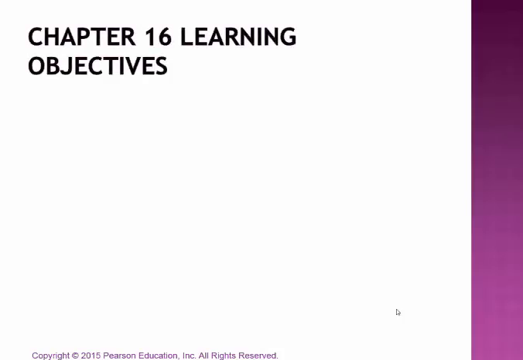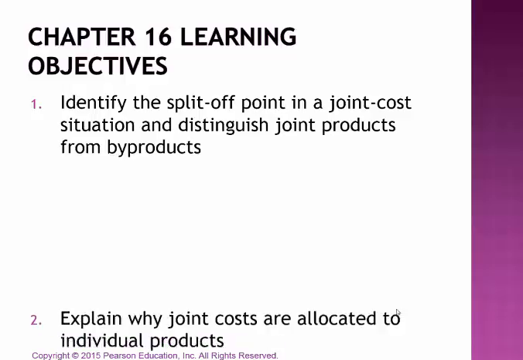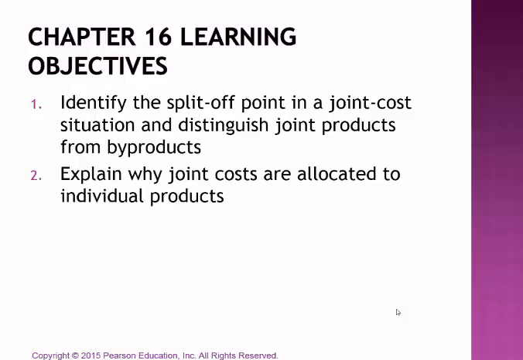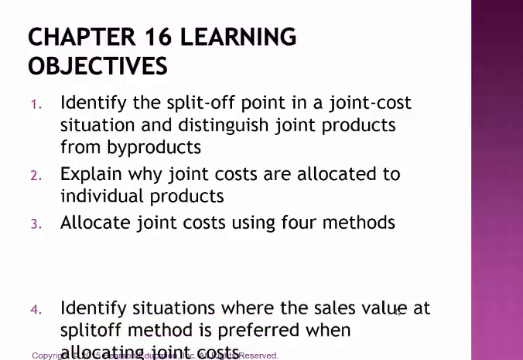We have several learning objectives. Number one, we're going to learn how to identify the split-off point in a joint cost situation, and we are going to distinguish joint products from byproducts. We are going to understand why joint costs are allocated to individual products, and we are going to learn how to allocate joint cost using 4 different methods.